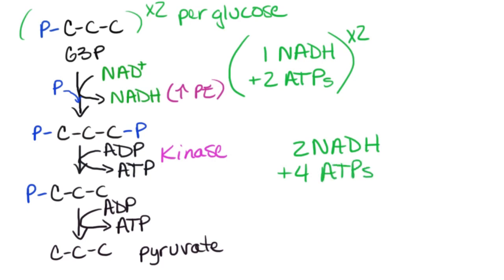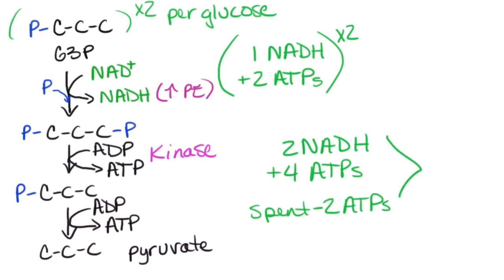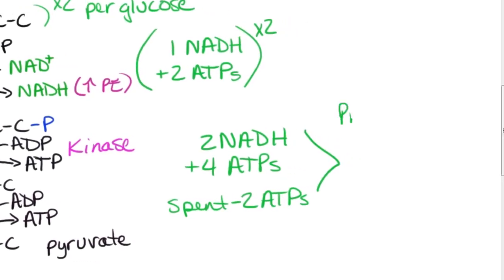And if we talk about the overall profit from glycolysis, remember that earlier we spent 2 ATPs. So that was a negative 2 ATPs. If we subtract that off, overall what we end up with is a profit, or what you could call a net, of 2 NADHs.